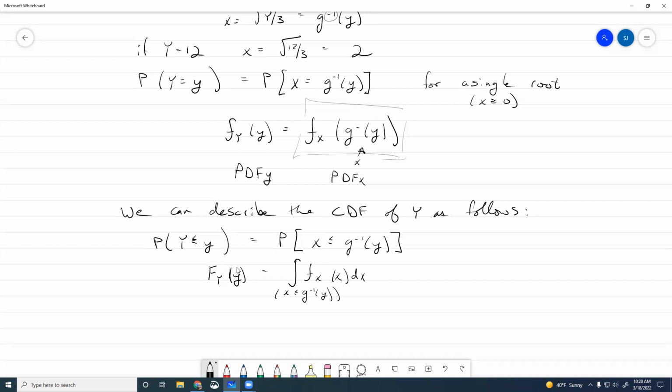So this allows us then to plug in, usually it's like from, say, negative infinity to x, right? But now we're going to plug this inverse function in for x. So we can say negative infinity to g, the inverse function of y.